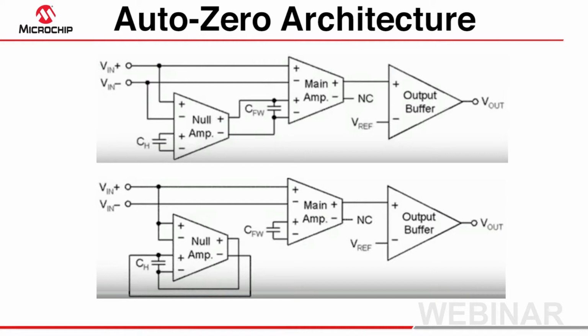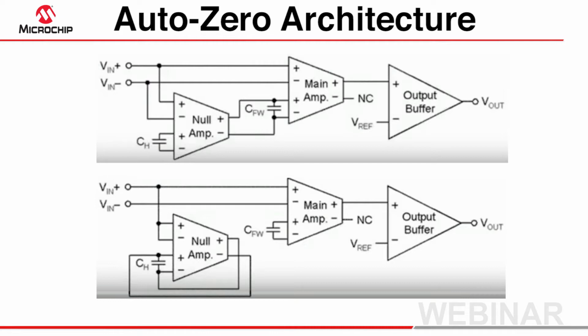Therefore, if you have a very high gain and very low offset, then this provides the superior performance for the null amp. The null amp then forces the voltage on capacitor C sub FW to compensate for the offset of the main amplifier. In auto zero mode, which is shown on the bottom, C sub FW ensures that the offset of the main amplifier is as low as possible, while the null amp isn't in the signal path.